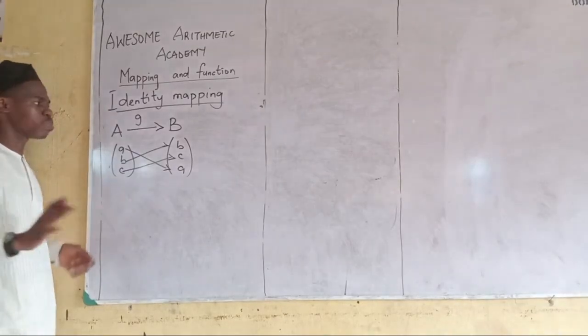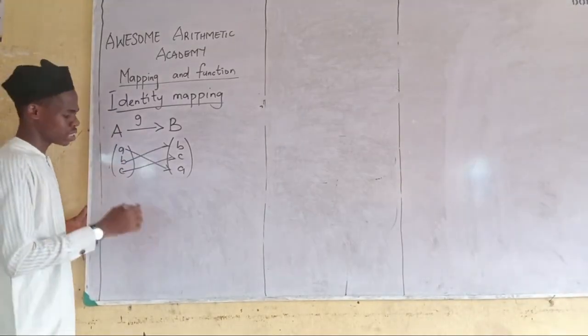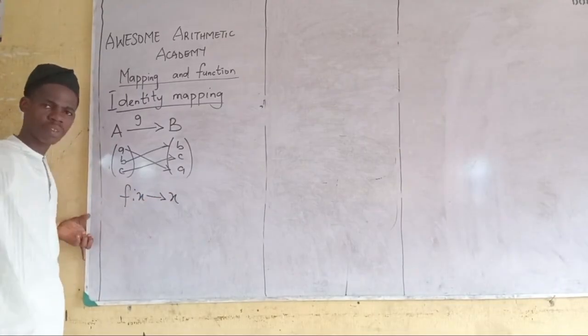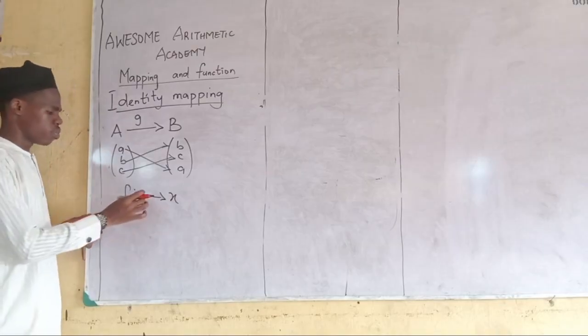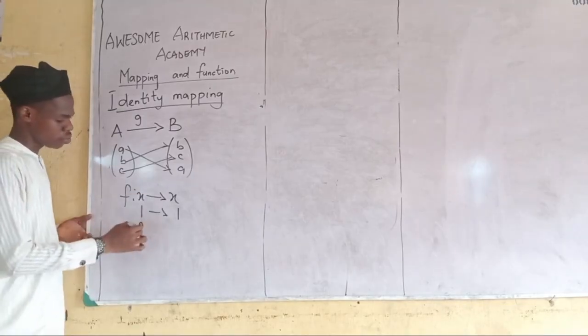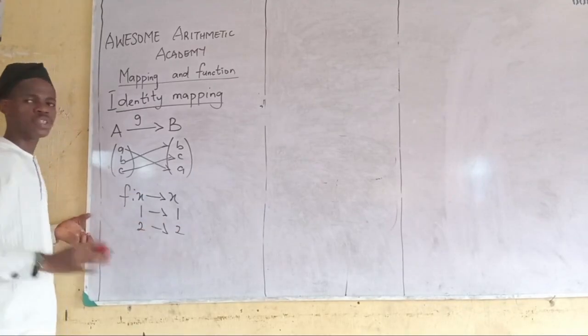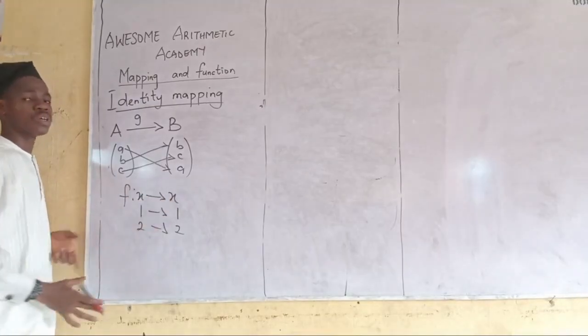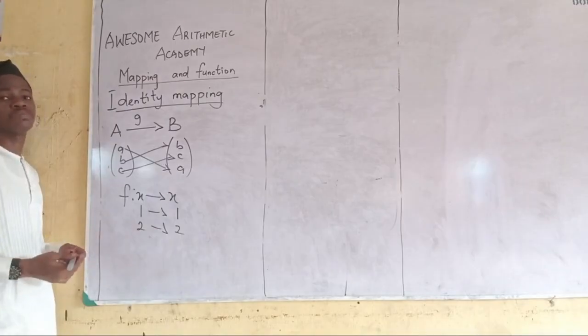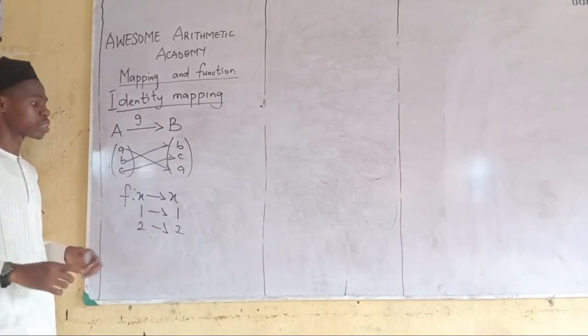It's just like providing the function that f of x is x. If x is 1 here, I'll still have 1 here. If x is 2 here, I'll still have 2 here. So that is what we refer to as identity mapping. I hope that's clear enough.